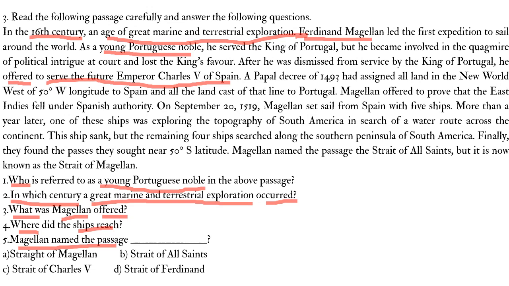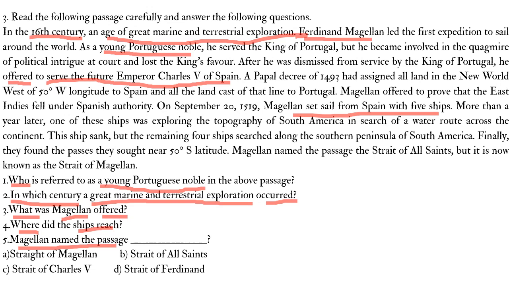Where did the ships reach? So now you have to identify words like ships. Where is it? Yeah. Magellan set sail from Spain with 5 ships. But now you have to identify the destination or reach, words like that. Or else sometimes it is given in an indirect way also.